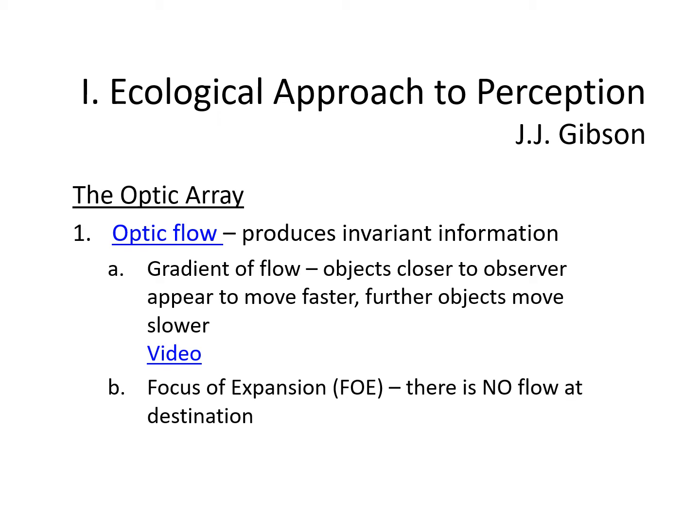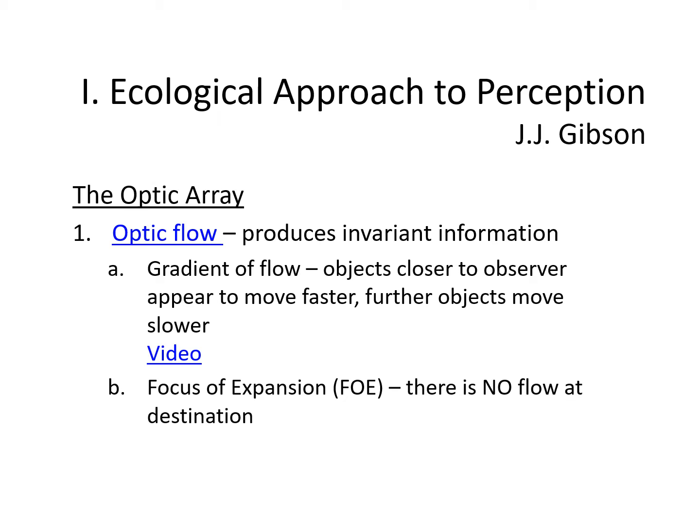And the trees are just whizzing by. And if you look back farther away towards a tree in the distance, or a mountain, or the clouds, which are even farther away, that appears to almost be remaining still in comparison to this movement of what's close to you. As we're moving, that's called the gradient of flow.